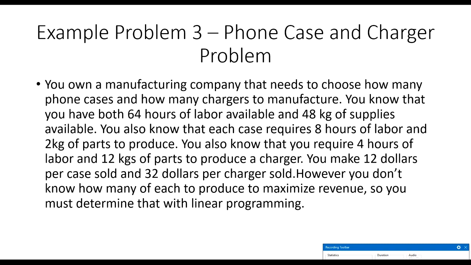So, again, before we can begin graphing, we have to formulate the problem. We know that we are trying to maximize revenue, as stated right here. So we need our two decision variables, phone cases and chargers. Phone case, phone charger. And we're trying to maximize revenue.